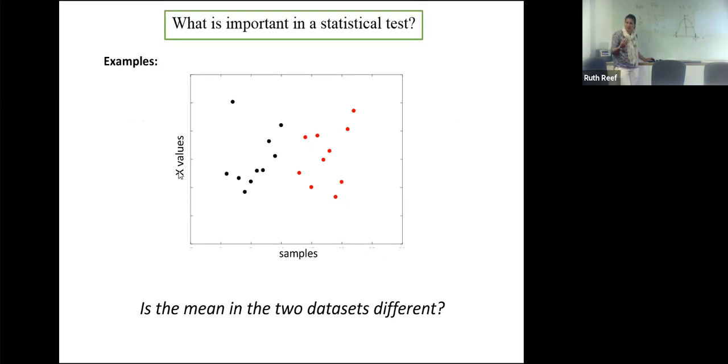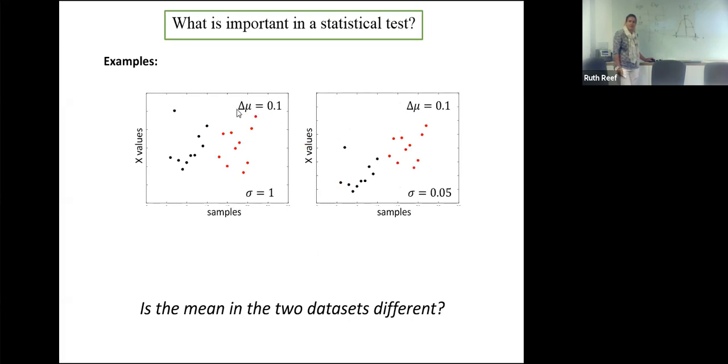It's a continuous variable I'm measuring, and it has all sorts of values. Now I want to know, is the mean of this population of samples different to the mean of this population? In this case, it's quite clear that I have a mean sitting somewhere over here, and a mean sitting somewhere there.